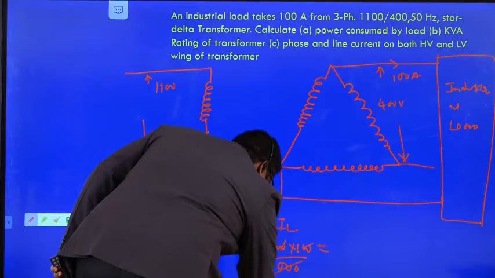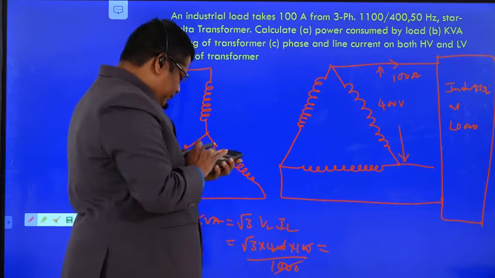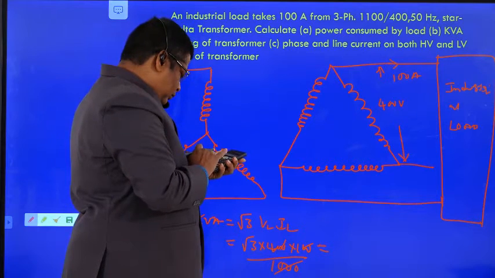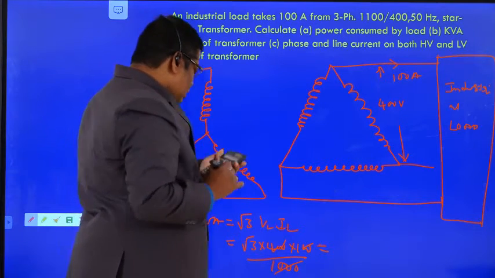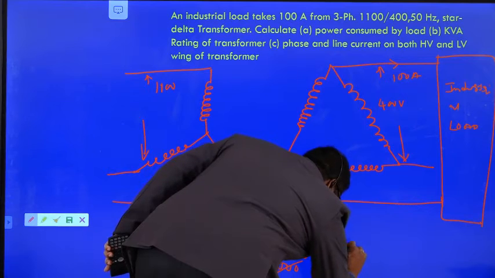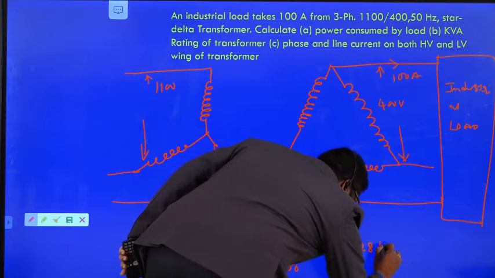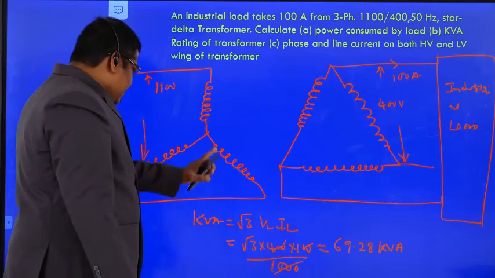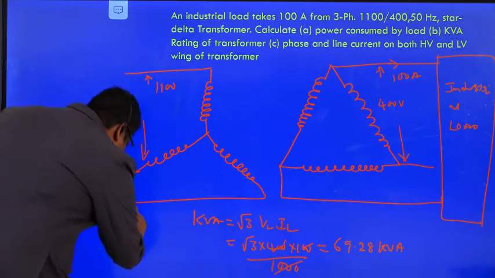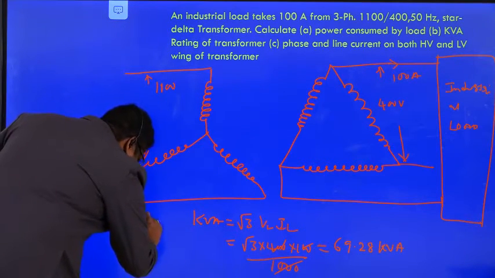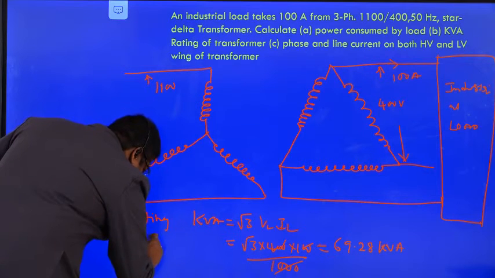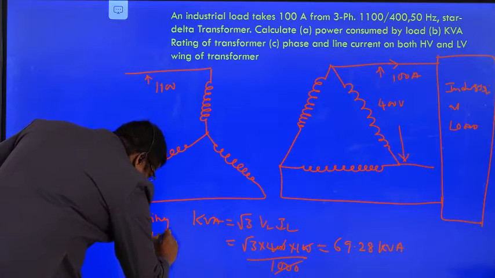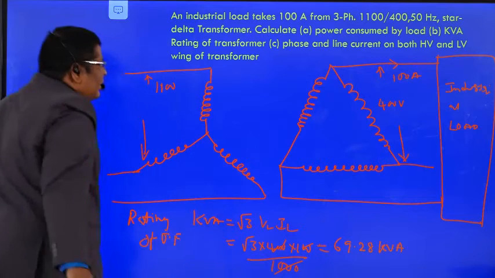So here we are getting 69.28 kVA. That is the rating of transformer. One thing is over.